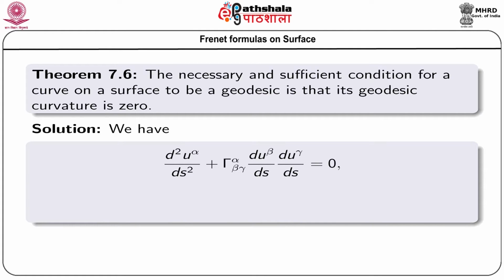From the previous expression, we have d2 u alpha ds2 plus Christoffel symbol of second kind alpha beta gamma du beta ds du gamma ds equals 0, and we consider that the curve is a geodesic. We prove that kappa g equals 0.